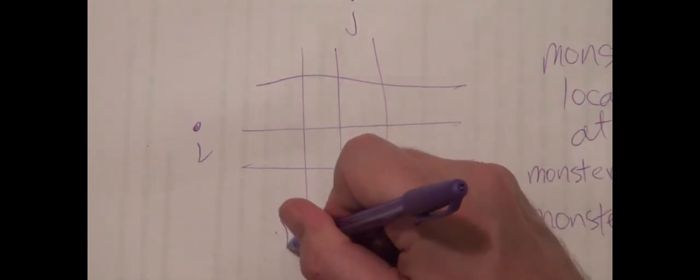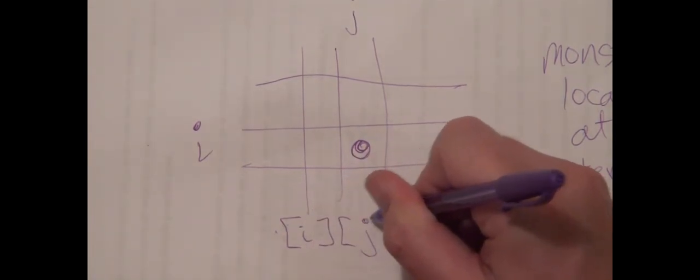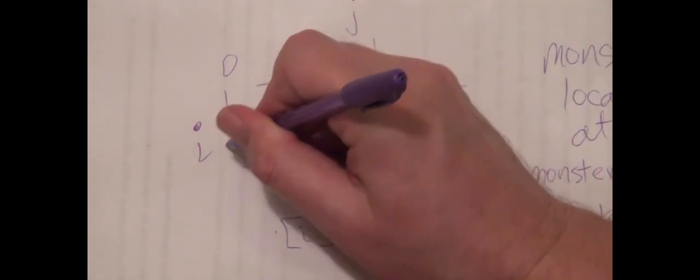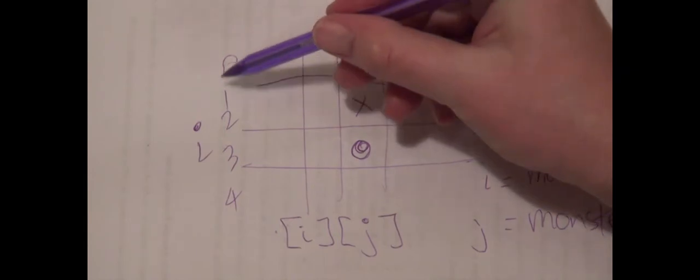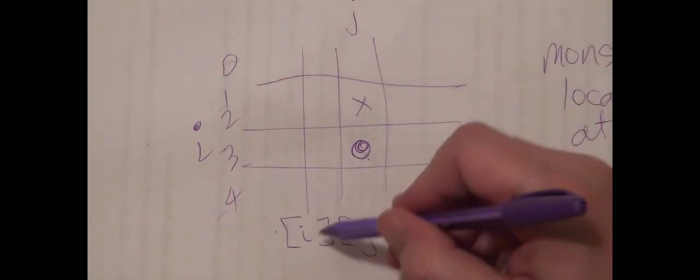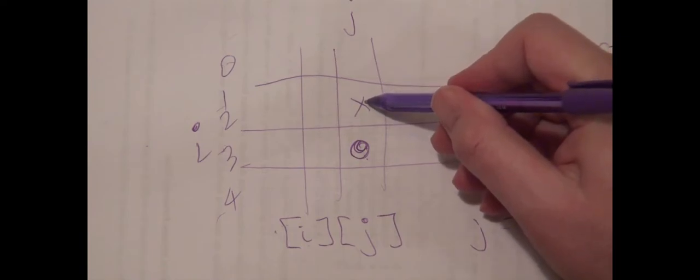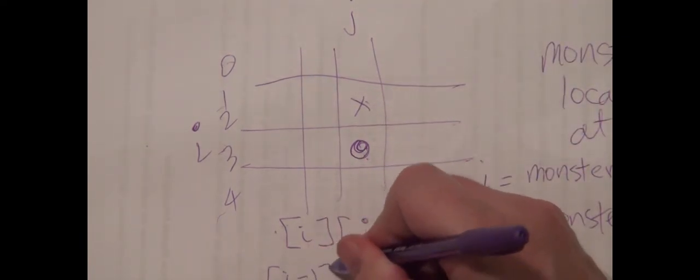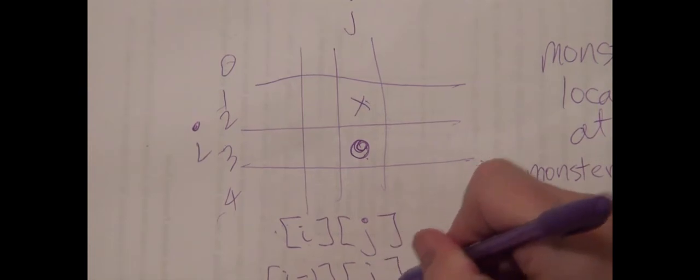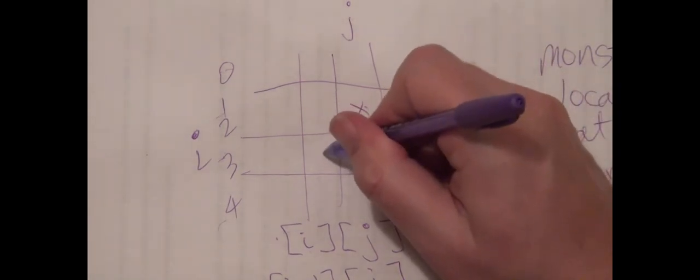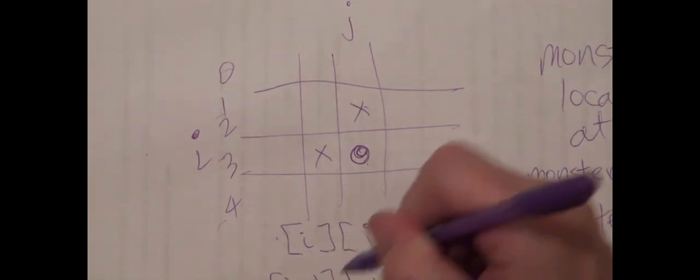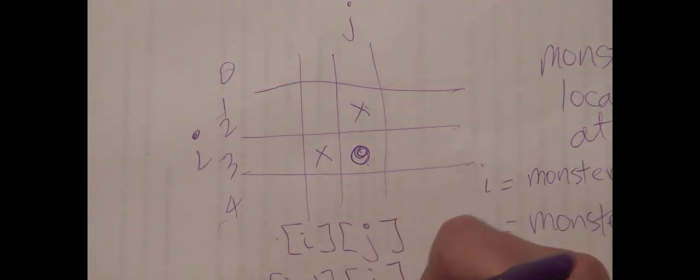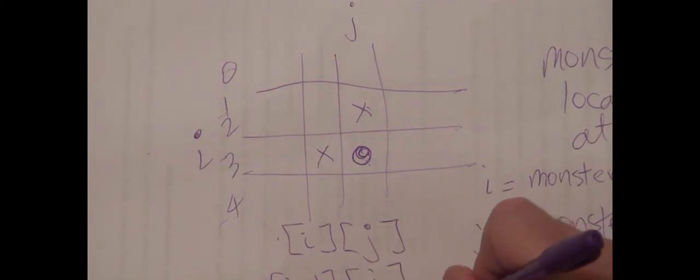So the monster is at IJ. And if you look at this position, where I is coming down from 0 all the way along, if this was I where the monster is, this one up here is I minus 1 and J. Another one nearby, in row I, but in J minus 1.